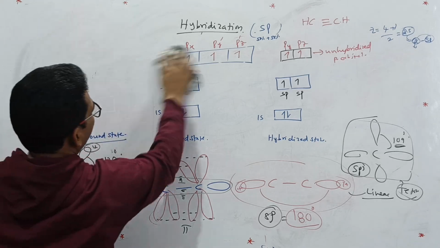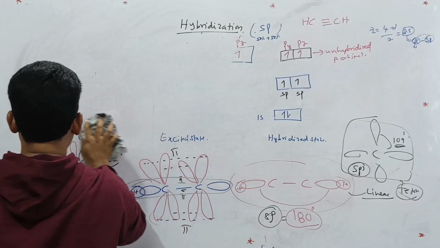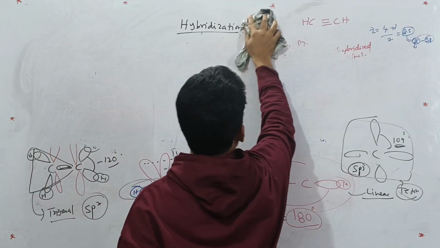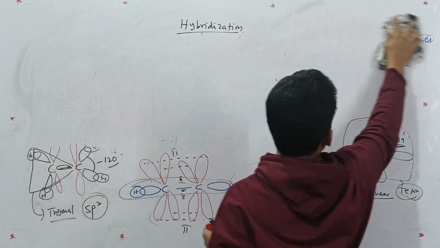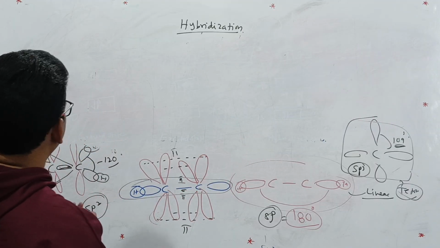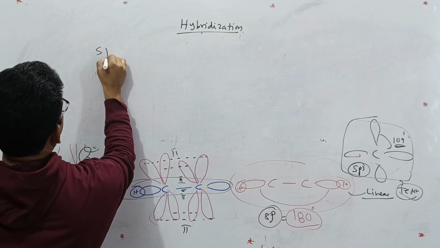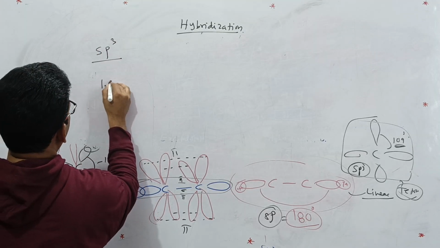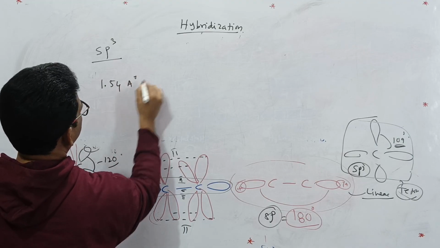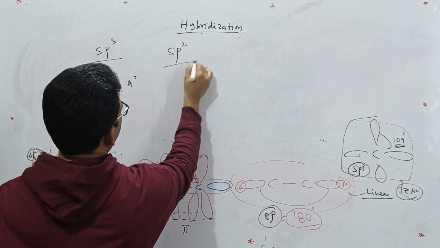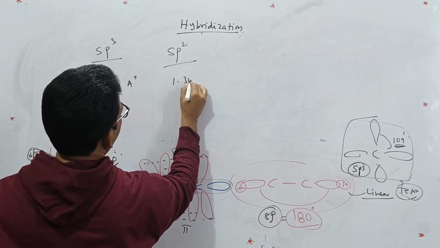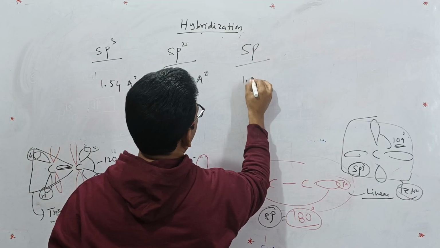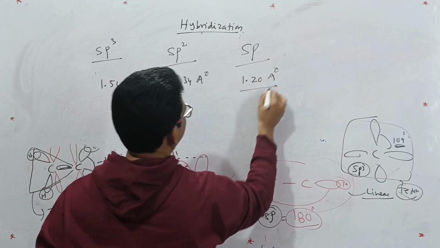Okay, now we saw the structural difference. Now I will tell you what bond length difference they will have. Bond length: between sp3 the bond length will be 1.54 angstrom. sp2, 1.34 angstrom. sp, 1.20 angstrom.